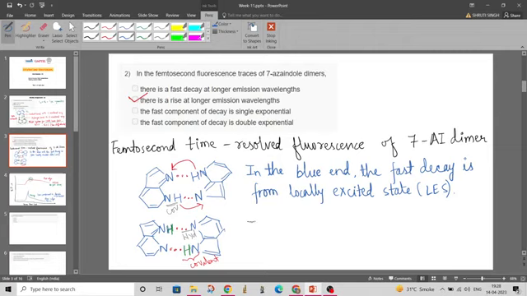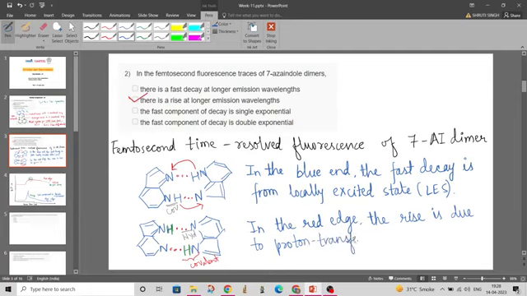And the red edge is for the proton transfer dimeric form, which is formed in the excited state.